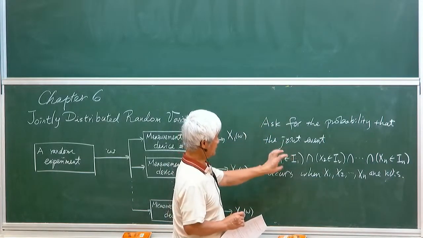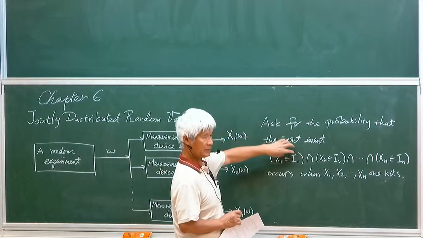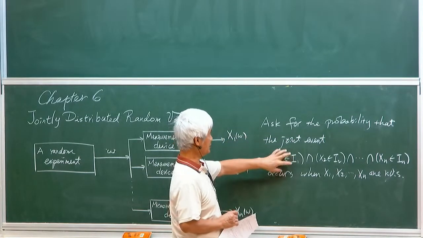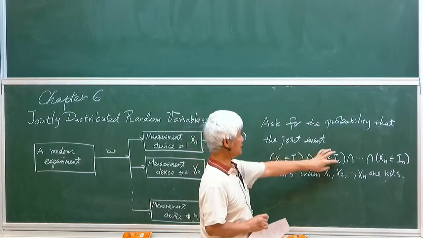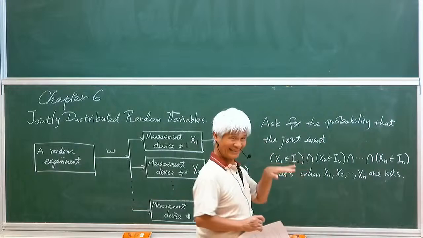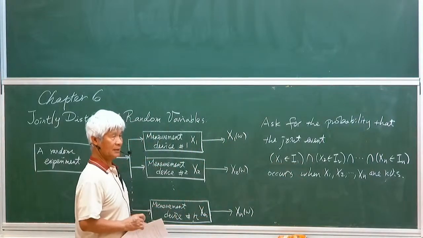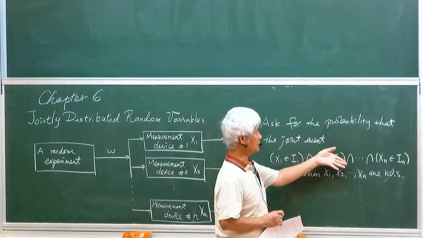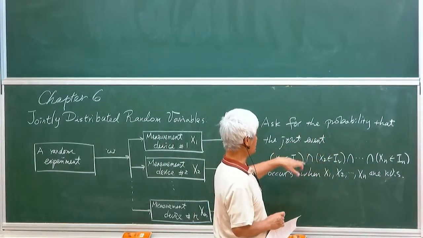All right, and as we have shown, when x1, x2 up to xn are random variables, each parenthesis is an event in the sigma algebra F, right? So this is an event in F, this is an event in F, and this is also an event in F. And so their intersection is also an event in the sigma algebra, so that we can assign the probability for such a joint event.